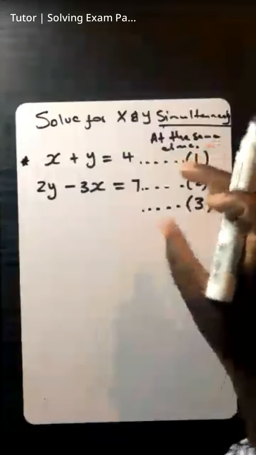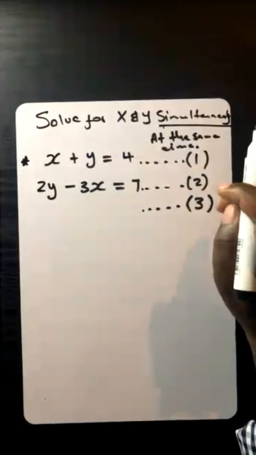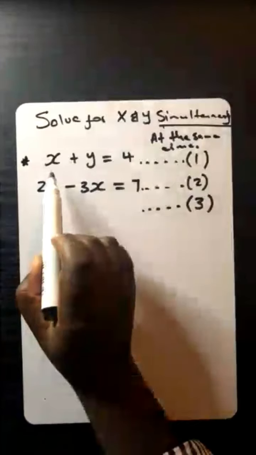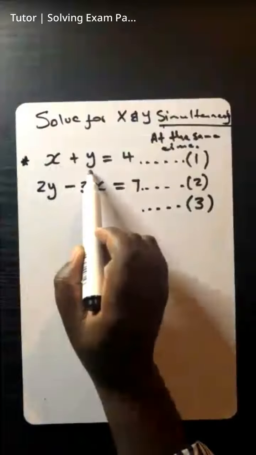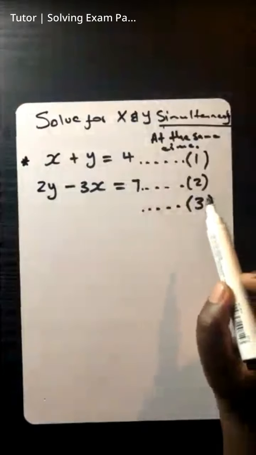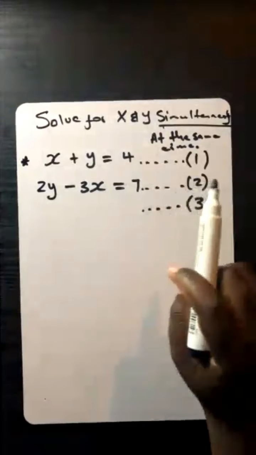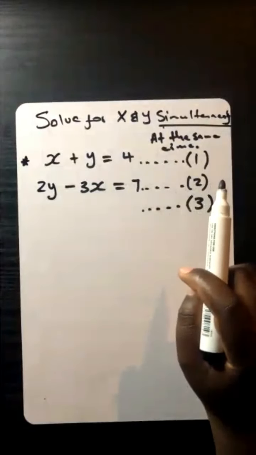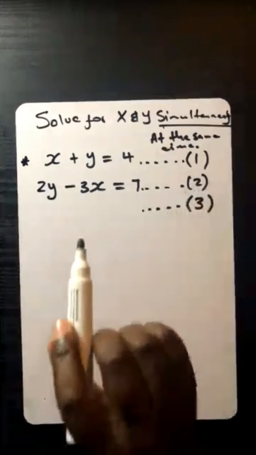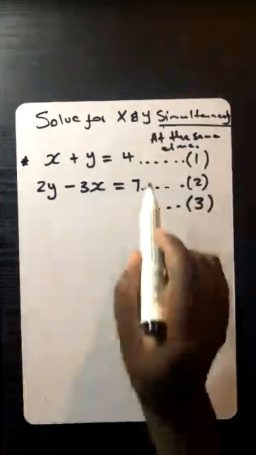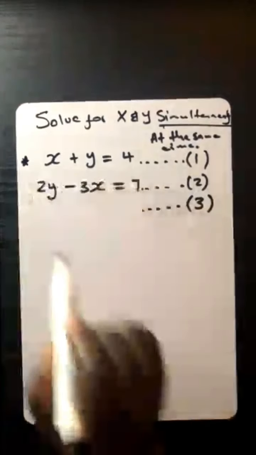So, guys, when you are given these two types of problems, for you to decide whether to make x or y the subject of the formula, before I continue, do you understand this part of making something the subject of the formula? Yes, sir. 100%. So, guys, for you to decide, you are guided by equation number two.